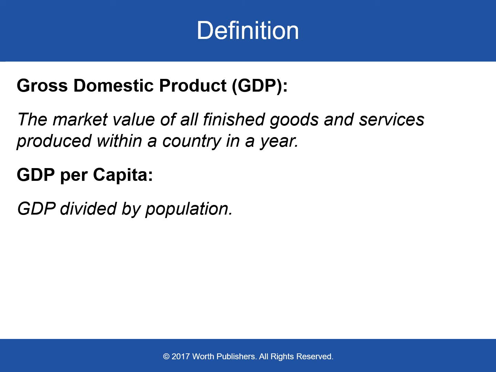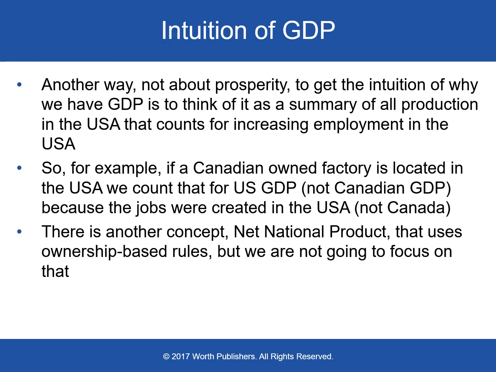Market value, all finished goods and services produced within a country in a year, and of course, to get a sense of how better off the regular person is, we divide by the size of the population, GDP per capita. So here's an example of why we focus on production occurring literally within the United States.